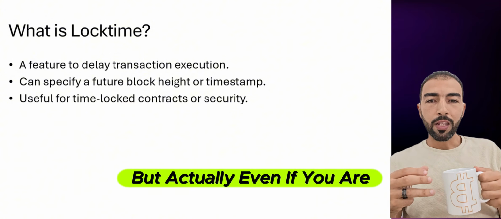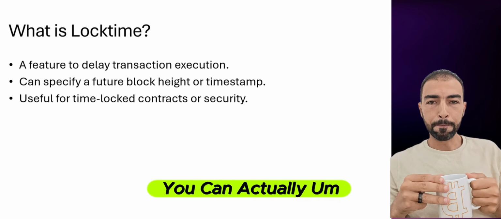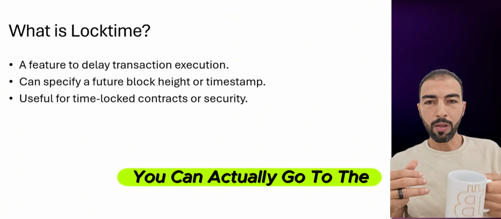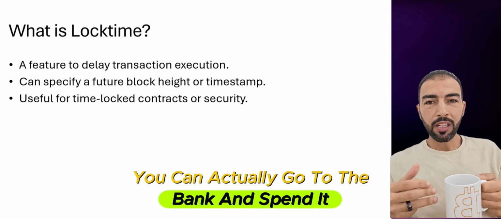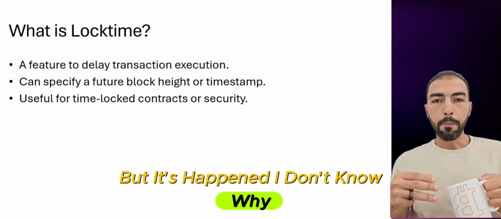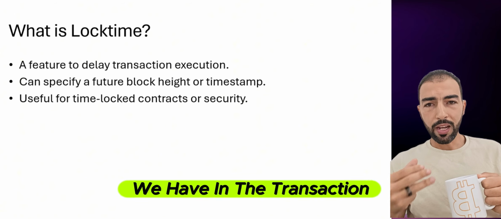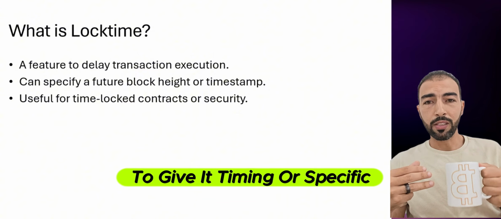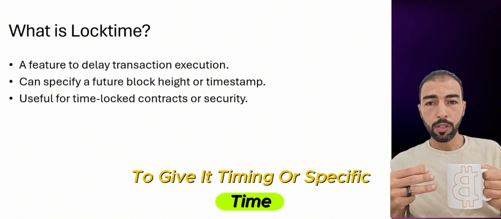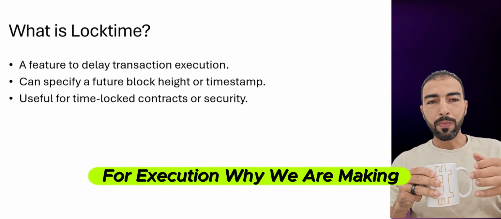But actually, even if you put a date on a check, you can go to the bank and spend it. This is not supposed to happen, but it happens. I don't know why. But currently, the lock time in the transaction gives it timing or a specific time for execution. Why are we making lock time?